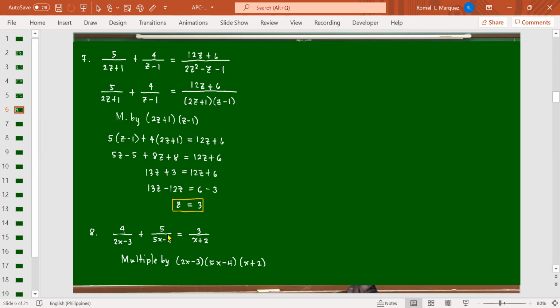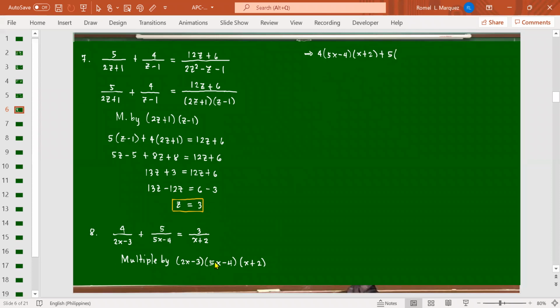So let's multiply each side of this equation by this expression, getting what? For the first term, we have 4 times. So 2x minus 3 is canceled out, getting 5x minus 4, x plus 2. For the second term, 5 times.